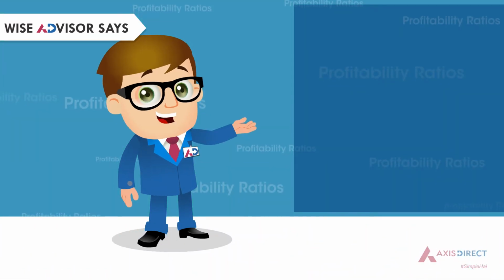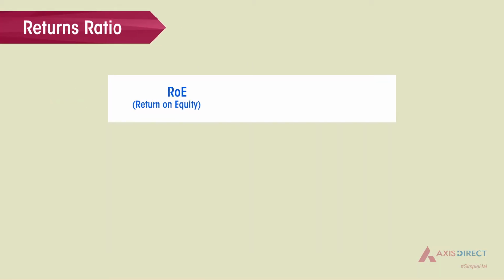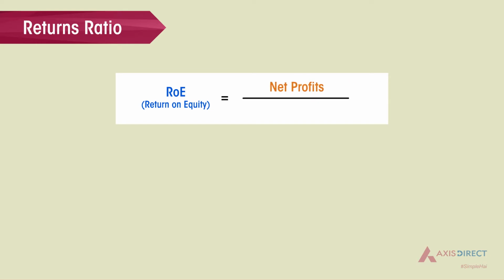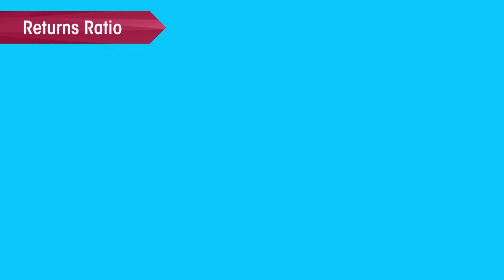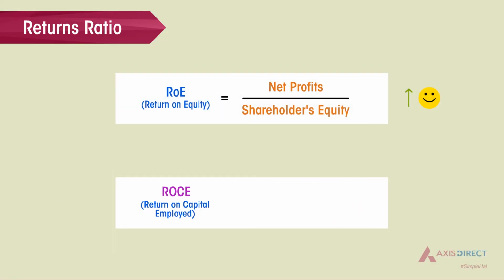Let us now understand returns. Coming towards returns ratio. Return on equity. It is the amount of profit the firm generates for every rupee of amount invested by shareholders. High ROE ratio indicates higher returns for shareholders. Return on capital employed. This ratio measures how the company is utilizing available capital to generate profits.